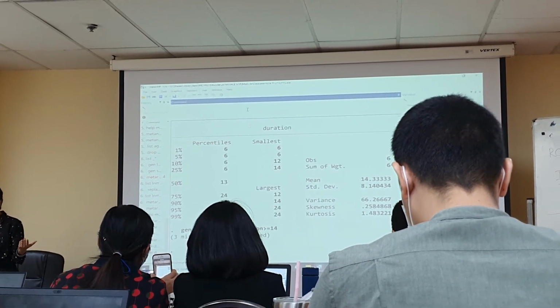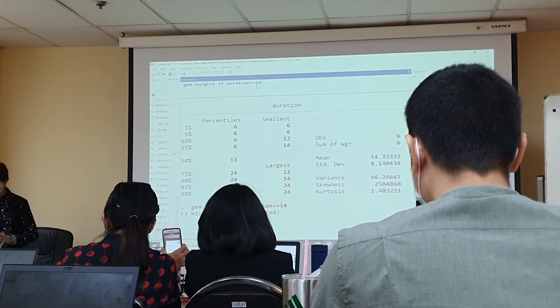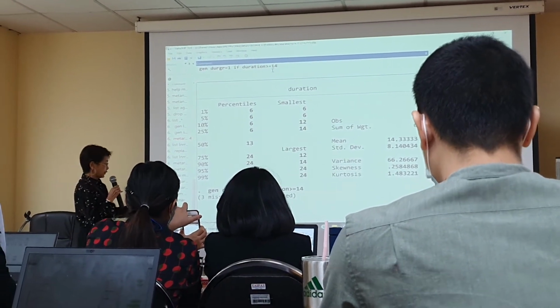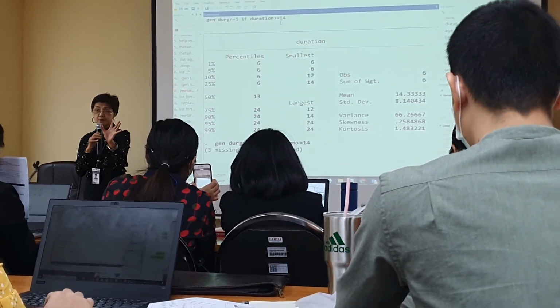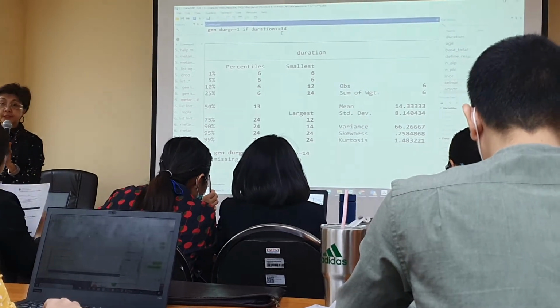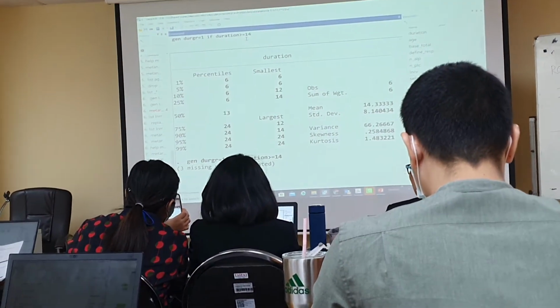Enter. And you can see that Stata gave you the message that 3 missing values generated, because we did only one side, 14 or longer, right? And we need to replace the missing.